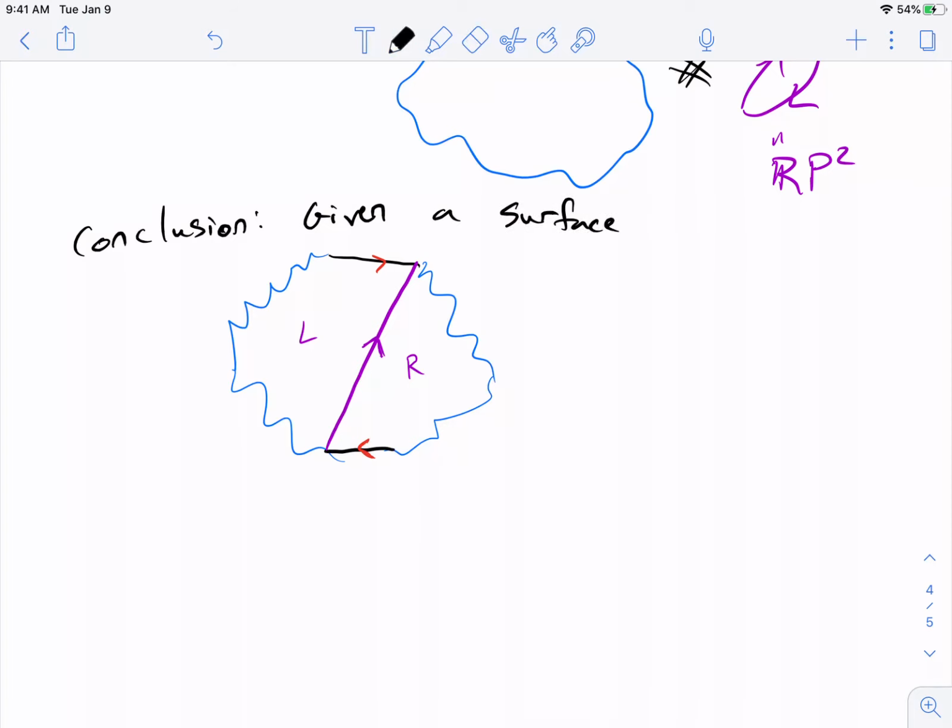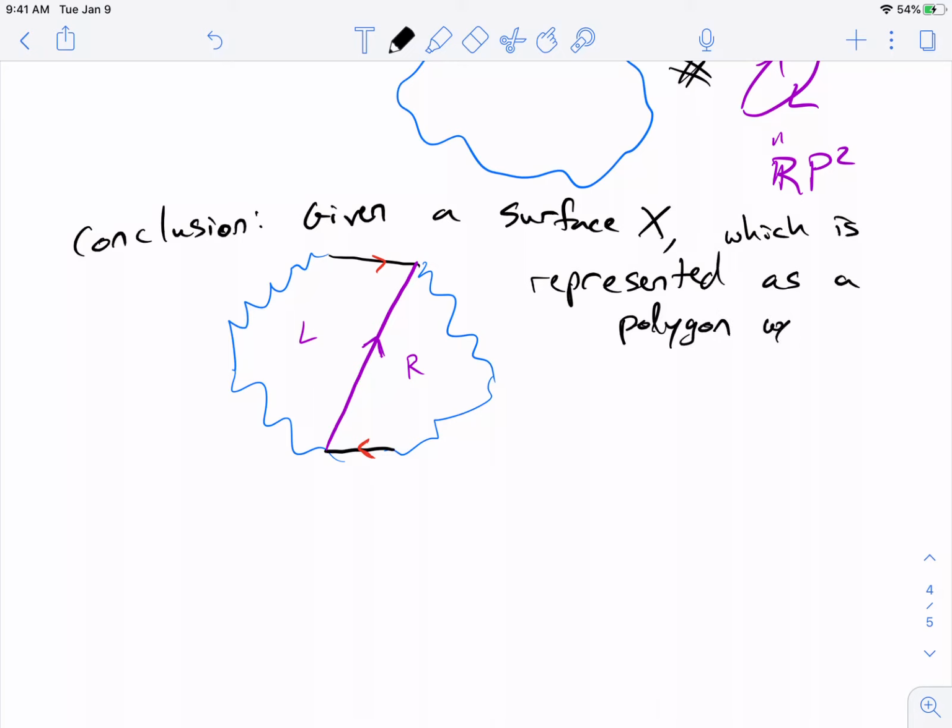Given a surface X, which is given to you represented in this way, represented as a polygon with edge identifications.